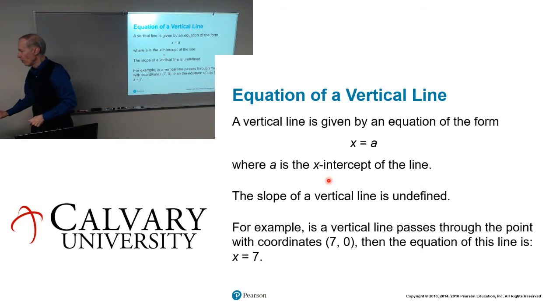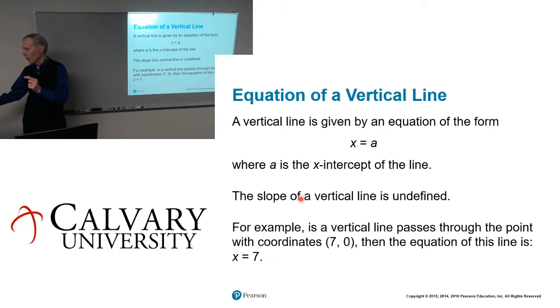Now, I'm sure you can imagine that the next thing to look at would be a vertical line. So if you have x equals a, then that's the equation of a vertical line.